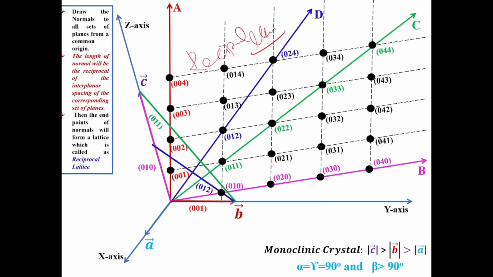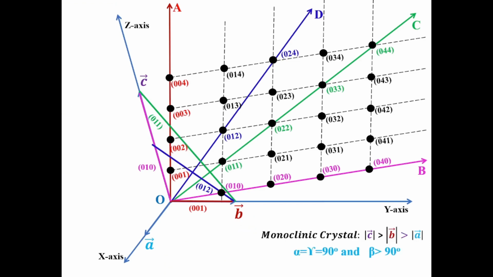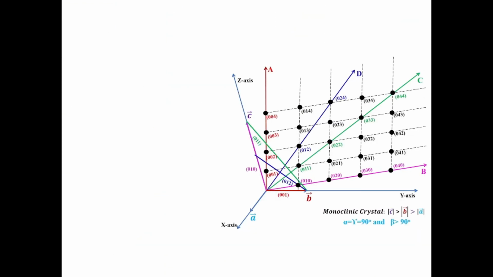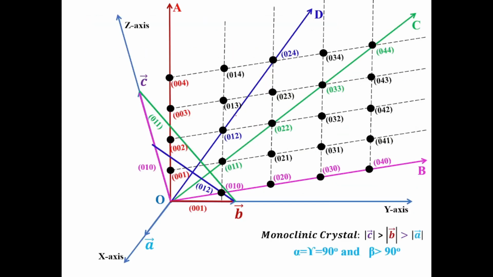Reciprocal lattice of the monoclinic crystal structure. This is called the reciprocal lattice in the reciprocal space, right? So finally we found this.